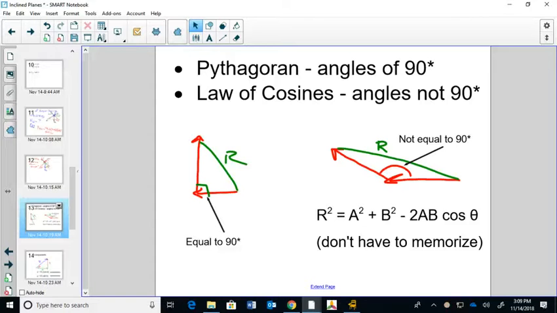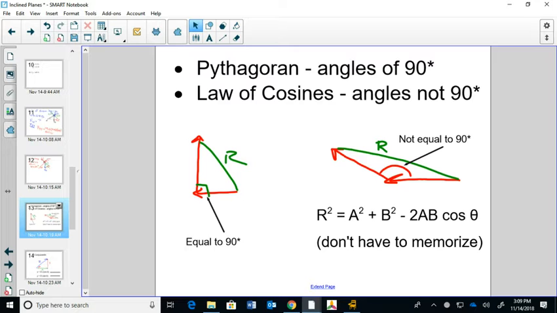All right, this is my little review of what you're expecting for our Forces in 2 Dimensions unit test coming on Friday. First piece from Chapter 5, because this is all encompassed in Chapter 5, was the Pythagorean theorem and the law of cosines. The point here was we were taking two vectors and adding them together.